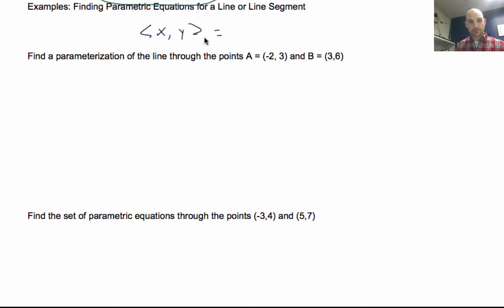x1 comma y1, plus t times x2 minus x1 comma y2 minus y1. What happens here?